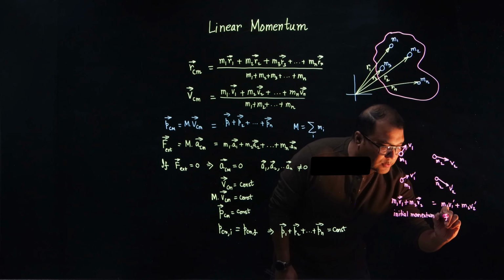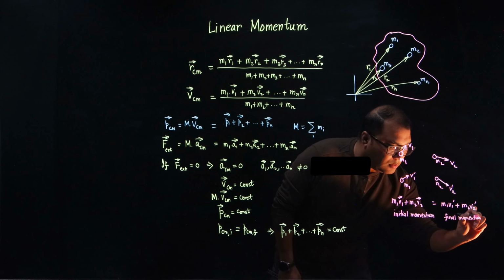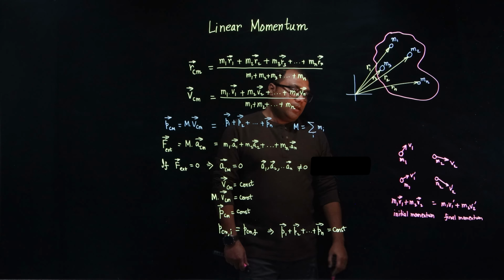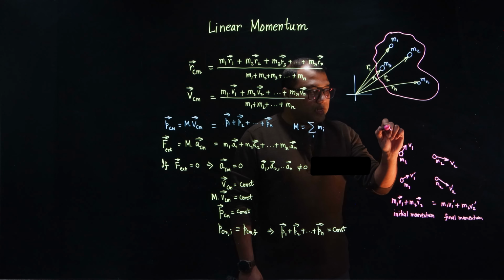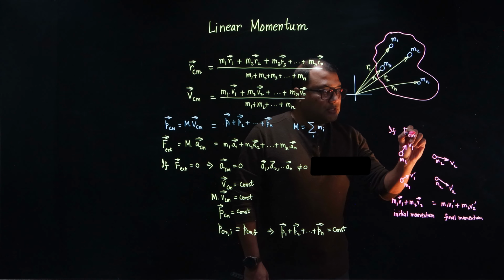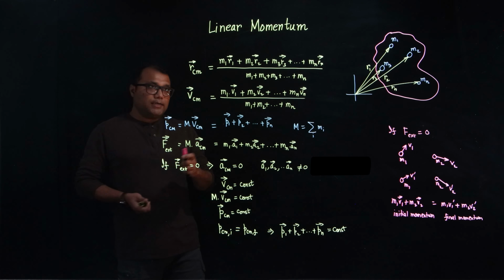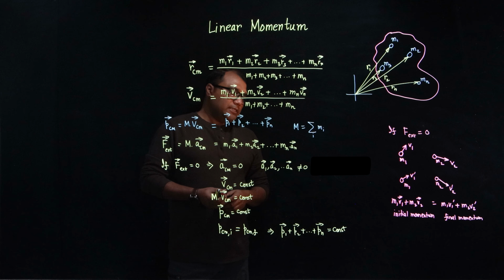This is what? Final momentum of the system. And this is applicable only if the net external force was 0. Okay? So that is what it means by conservation of linear momentum.